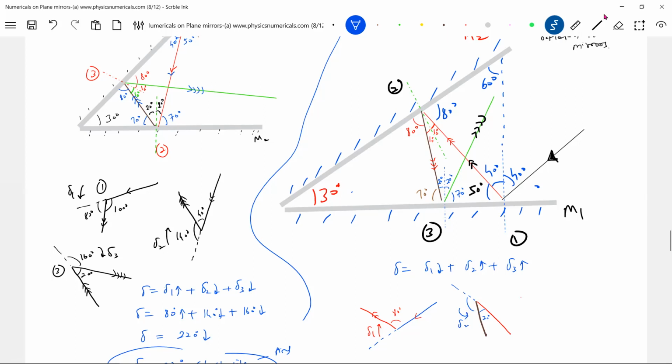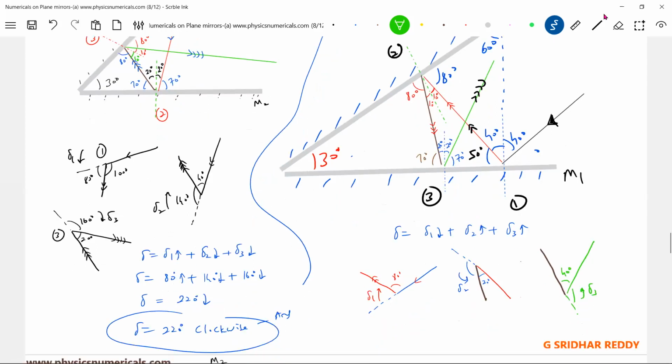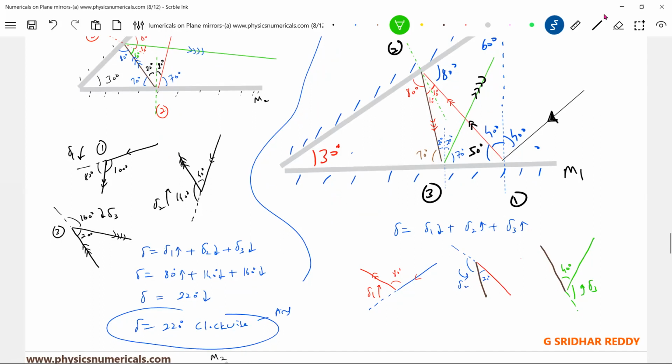Now come for the ray 3, reflection at 3. So the ray wanted to go this way. After reflection, the ray will move in this direction. So this total angle will be 40 degrees. What will this angle be? Delta 3. Got the idea now why I'm showing the angles clockwise, anti-clockwise. So here I'll measure clockwise. This delta 1 is clockwise. Delta 2 and 3 are counterclockwise or anti-clockwise.